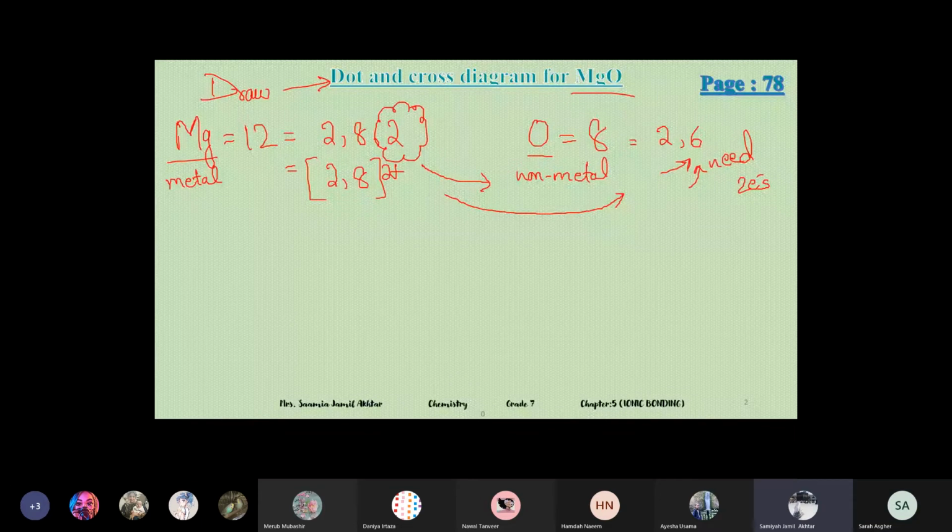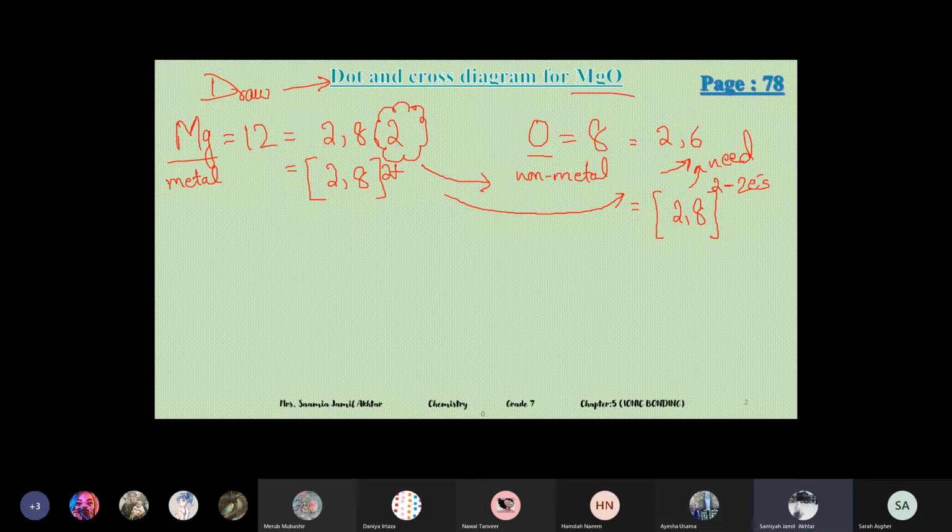Now, after receiving 2 electrons, oxygen will become 2, 8, also in square brackets. And what will be the charge on oxygen? Negative. How many negative? 2 negative, because it is gaining 2.